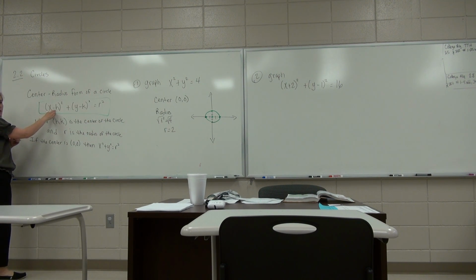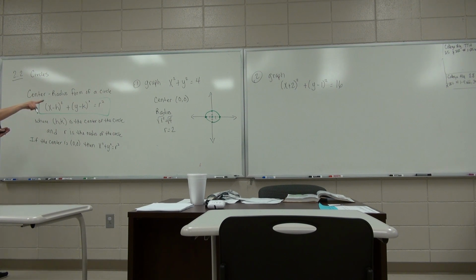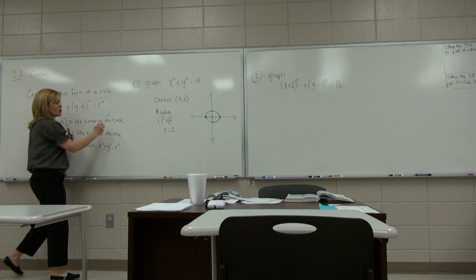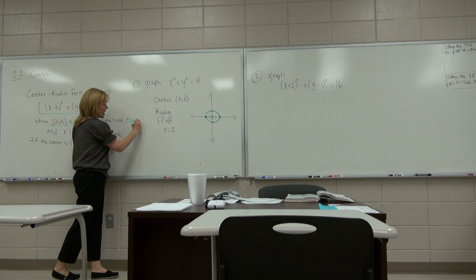It says x minus h, right? And y minus k. There's a minus in this formula. What happens when you multiply something by a negative? It changes the sign, right? So when I look at these equations, whatever's in that point, to get the center, my center is not negative h, it's positive h. So when you're doing this with your center, you're going to have to change the signs.